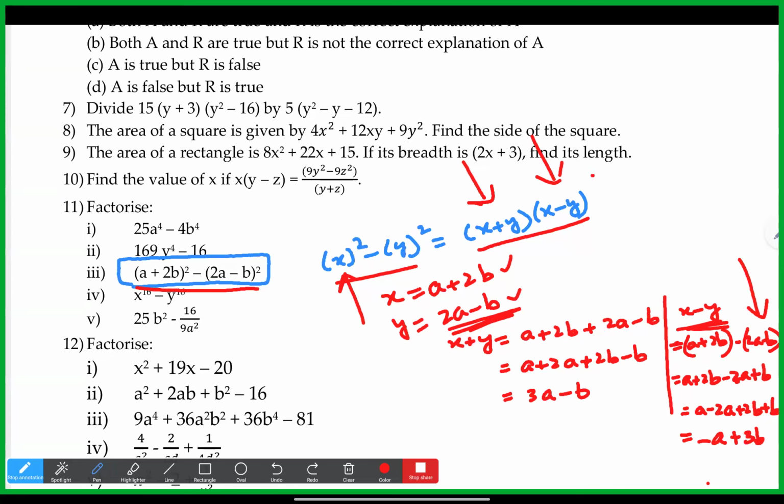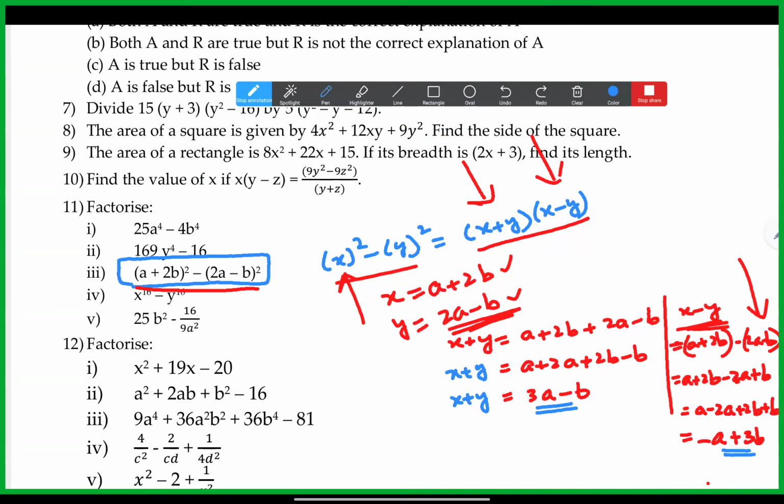So finally, our answer is x plus y into x minus y, no? So we'll club them together. X plus y we got as 3a plus b, and x minus y we got as minus a plus 3b. Our final answer, x plus y into x minus y, is (3a plus b) into (minus a plus 3b).